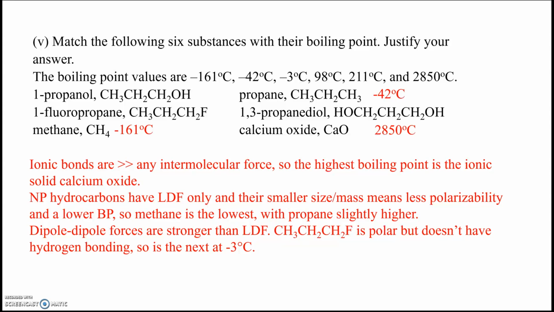Now, when we look at this next one, we see that fluoropropane is polar, but it doesn't have hydrogen bonding because the fluorine is attached to a carbon. So that's going to be the next one up at -3.